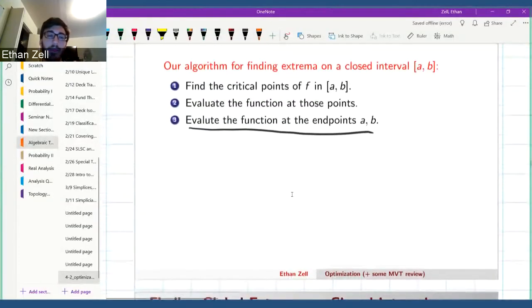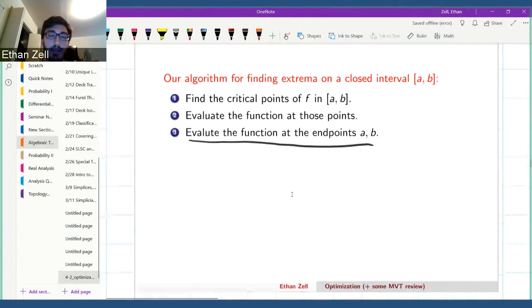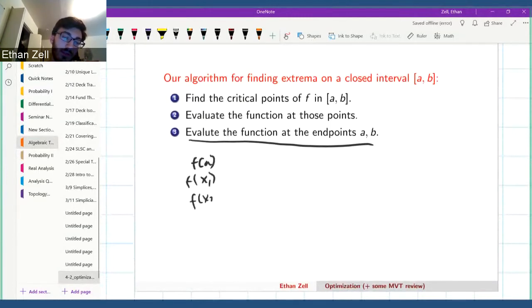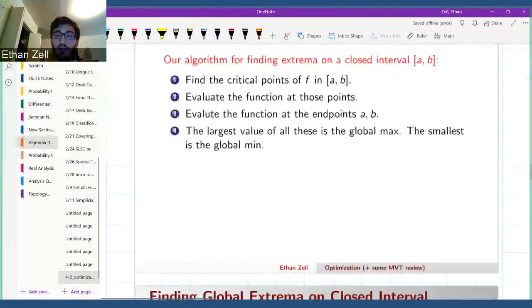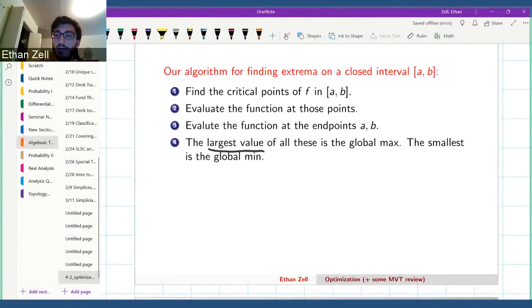So we were just saying the third step is to evaluate the function at the endpoints. So now we get a list that maybe looks like this: f of a, f of x1, f of x2. These xi's are your critical points. And then we also have f of b. And then all we have to do is look at the largest value and the smallest value.